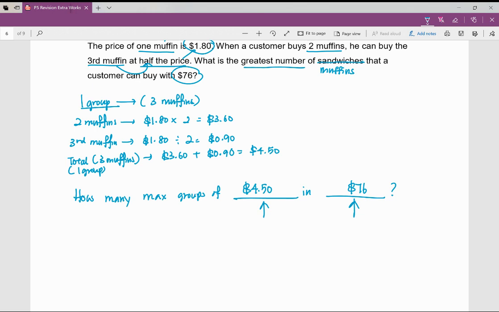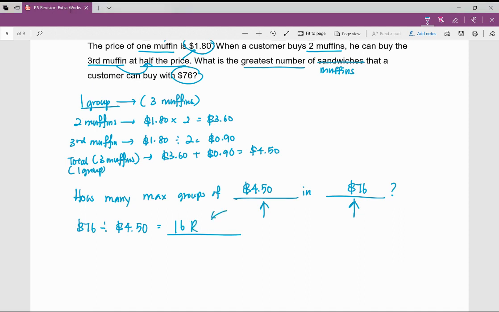Okay, so I take $76 divide by $4.50. Now here comes the thing. How do I divide like this? So you can use a calculator. You can put in 76 divided by 4.50. So what you will get is actually 16 groups. Then the remainder, you have to work out your answer. How to find this remainder?